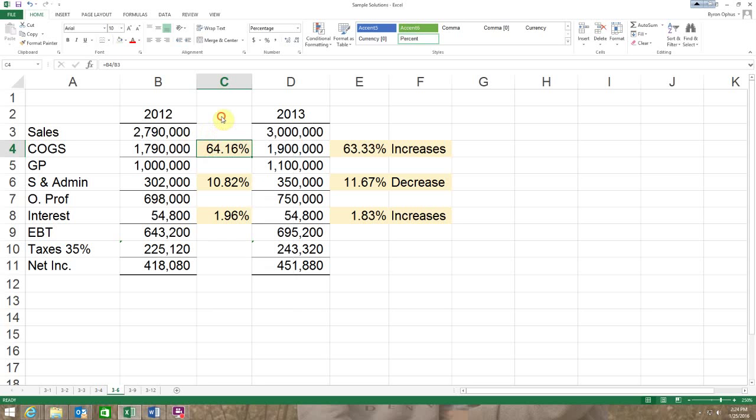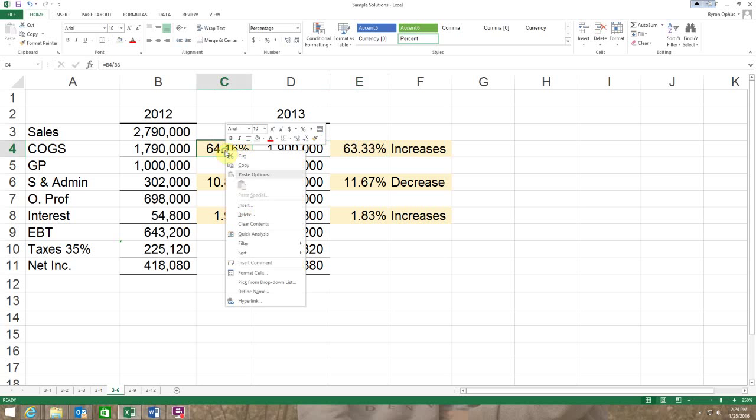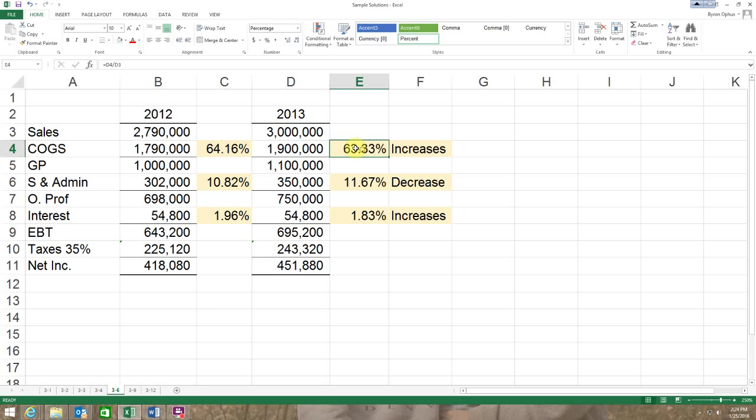I must have these protected, because it's not letting me do a copy and paste. I don't know why. That's right, I maybe protected the sheet. So this is simply equal to this divided by my sales, and repeat those just like I did over here, right? My selling and administrative expenses divided by that.